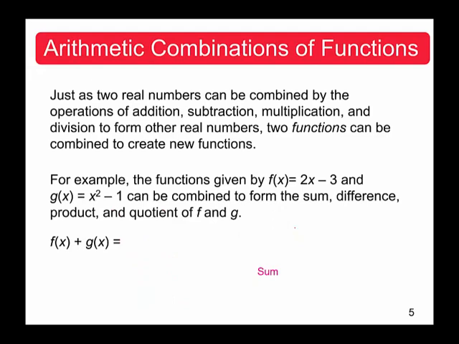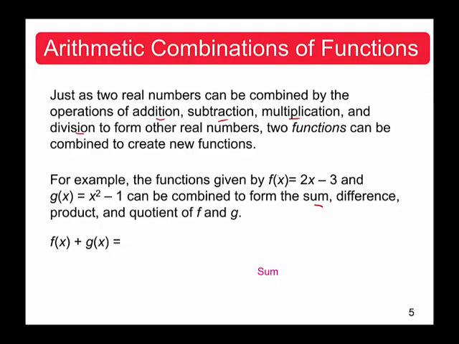Just as two real numbers could be combined by the operations of addition, subtraction, multiplication, and division to form other real numbers, two functions could be combined to create new functions as well. So we start with the sum, difference, product, and quotient of two functions f and g.